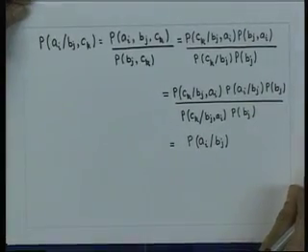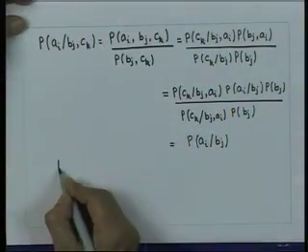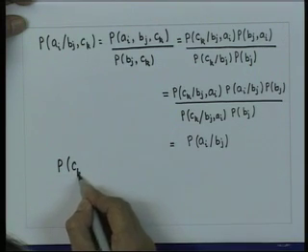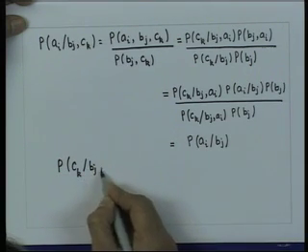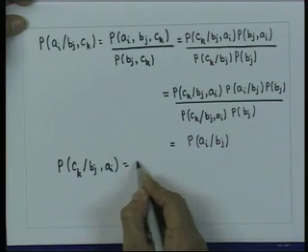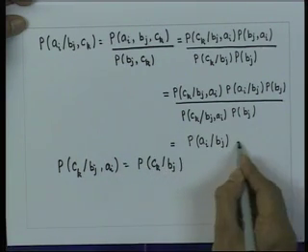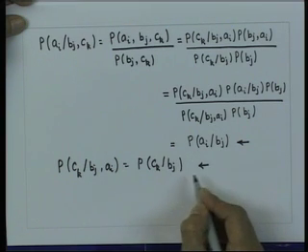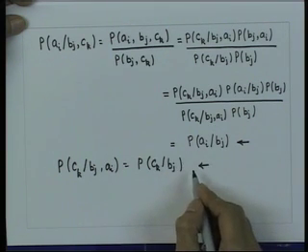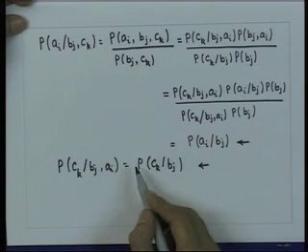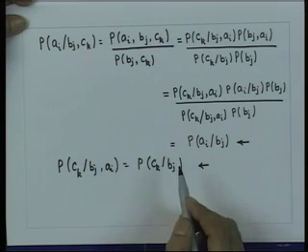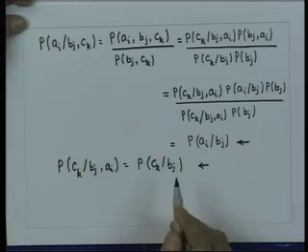Now, it should be emphasized that probability of A i given B j C k is equal to this, and probability of C k given B j A i is equal to probability of C k given B j. These two relationships are only valid for the case where A, B, C are the alphabets of cascaded channels.